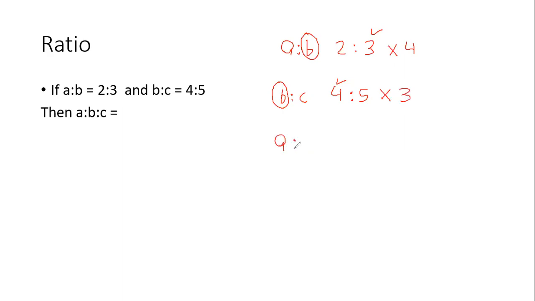So A is to B will become 4 into 2, 8, and 4 into 3, 12. And B is to C will become 4 into 3, 12, and 5 into 3, 15. So now the variable that is common has equal values.